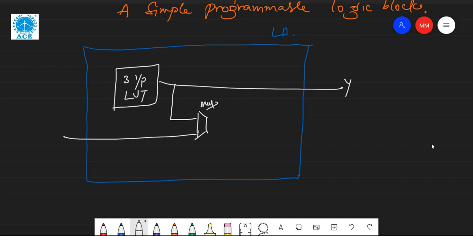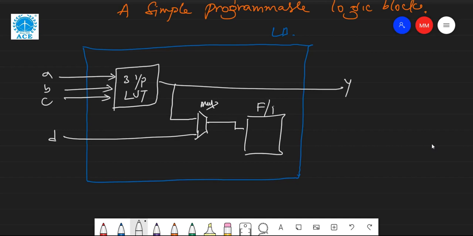For example, this is input 1, 2, 3, which I said are A, B, C, and a fourth input D. The mux consists of another input, and this is a flip-flop, a memory device, with the usual clock. Now this other output is Q. So this is our simple programmable logic block.